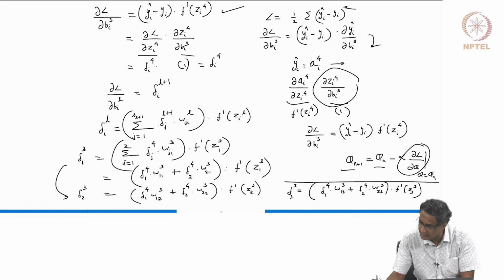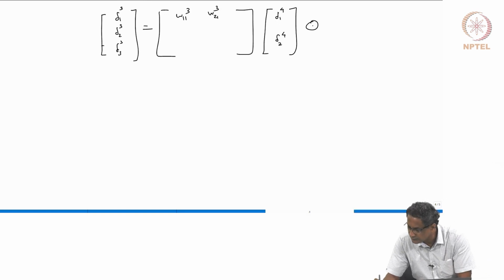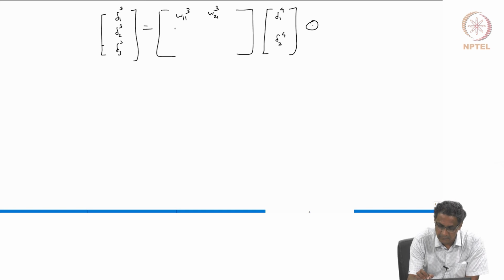W 1 1 3, delta i, okay. So what will be the first two entries? W 1 1 3 and W 2 1 3, right? This will be the first two entries. What is the next one? Delta 2 3 is W 1 2 3 and W 2 2 3. And then this will be W 1 3 3, W 2 3 3.